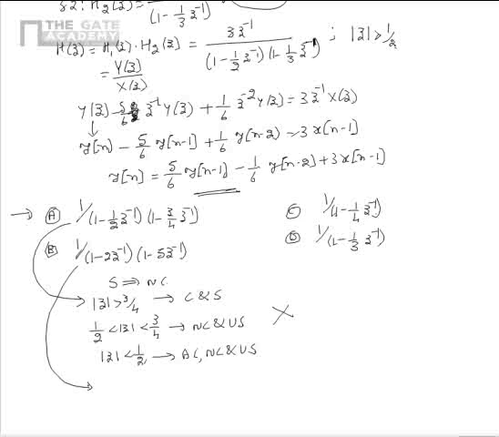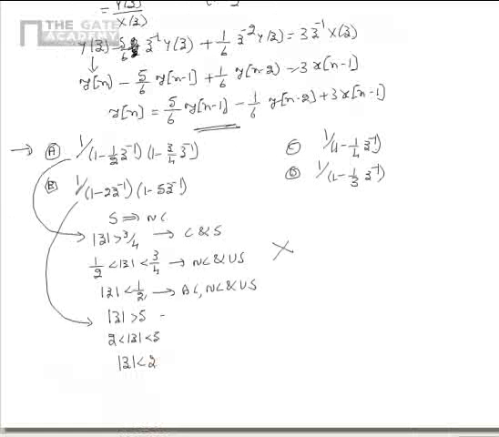In case of option B, the possible ROCs are mod z greater than 5, 2 less than mod z less than 5, and mod z less than 2. In case of mod z greater than 5, the system is causal and unstable. In case of 2 less than mod z less than 5, the system is non-causal and unstable.